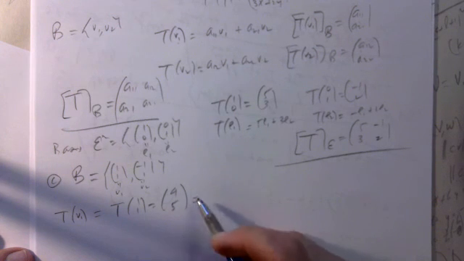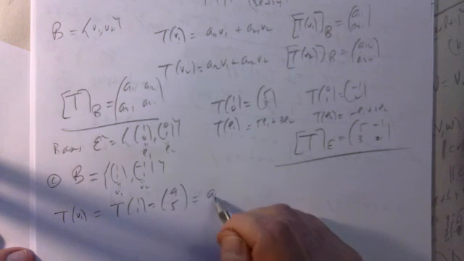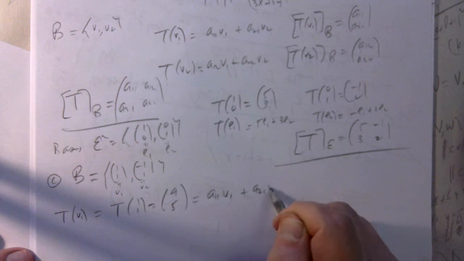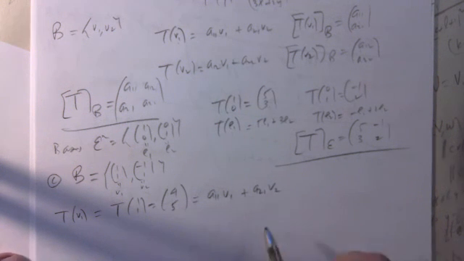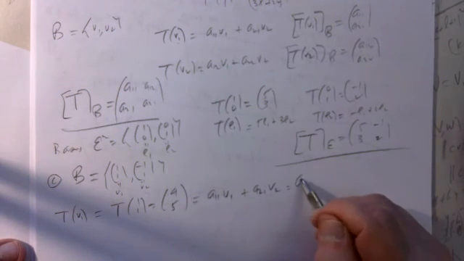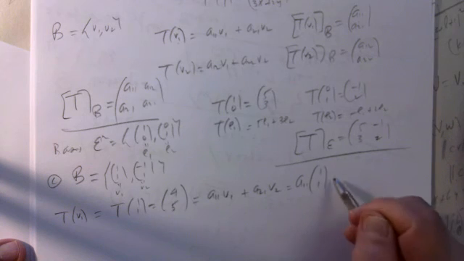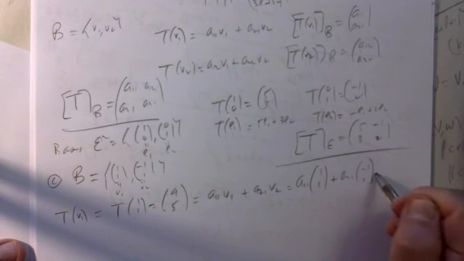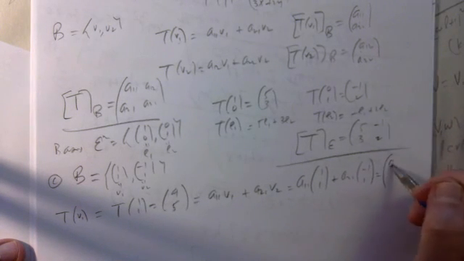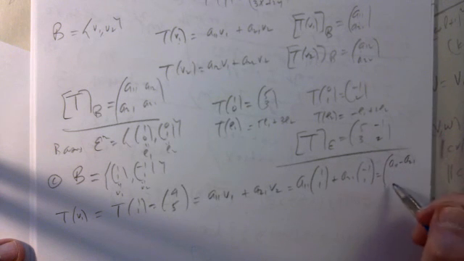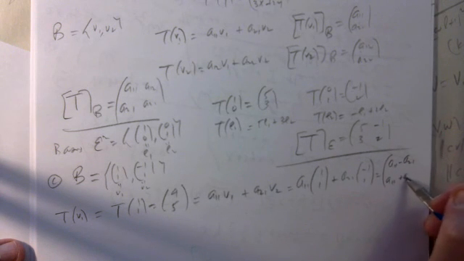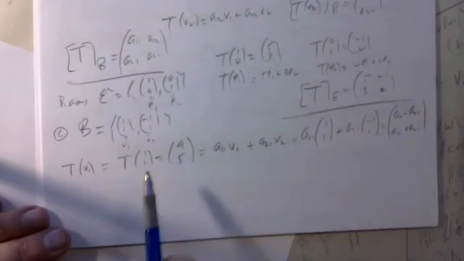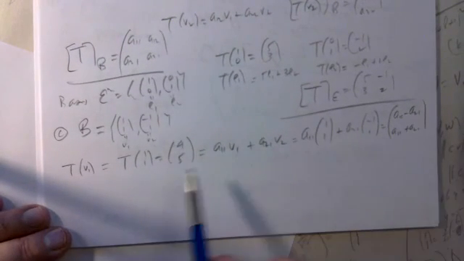I want to write this as A11 times (1, 1) plus A21 times (-1, 1). This is A11 minus A21 and A11 plus A21. So I have to solve the equations, this equal 4 and this equal 5.